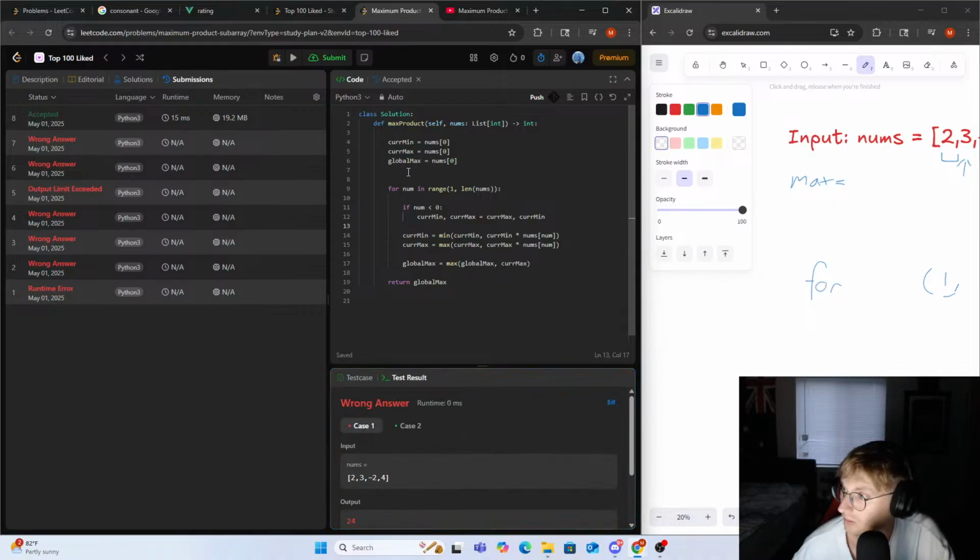Nope. What am I missing here? I arrange 1 to length nums, if num is less than 0, curMin, curMax. curMax, curMin. So apparently here we're comparing nums i.